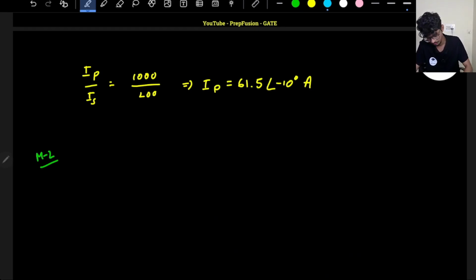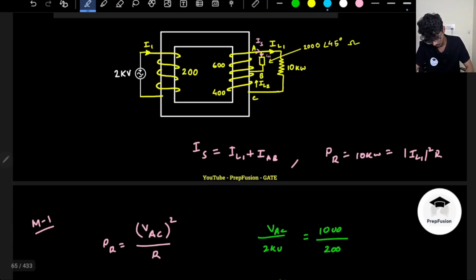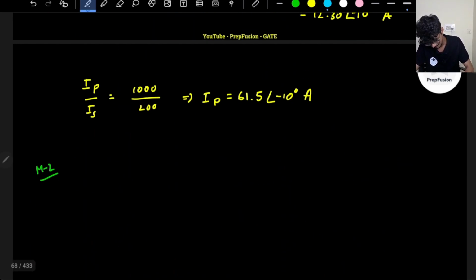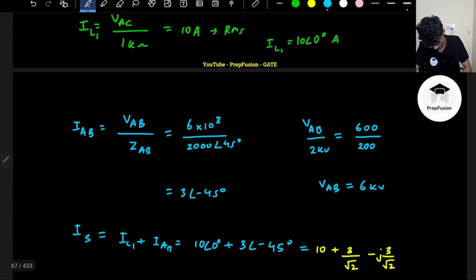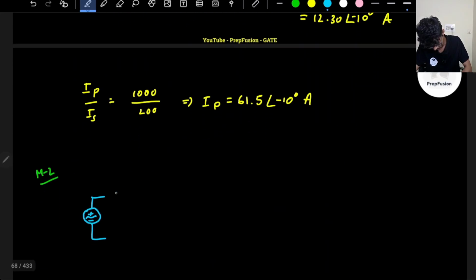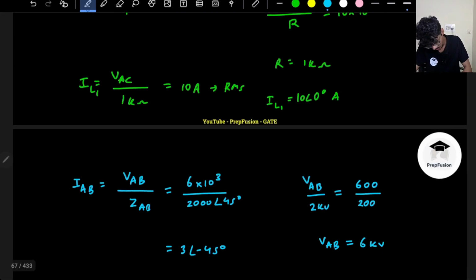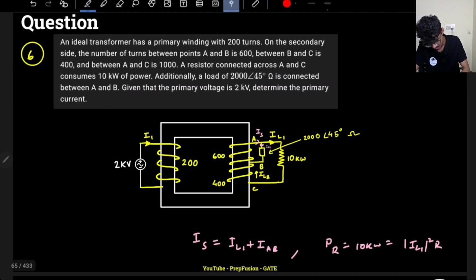Okay. So this will be my voltage source here, and I will have this. And now how will I refer? So I will refer this impedance according to its turns ratio, right?